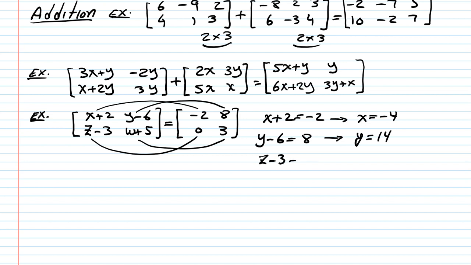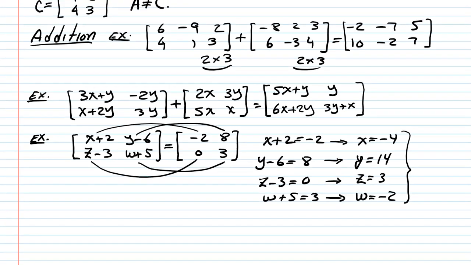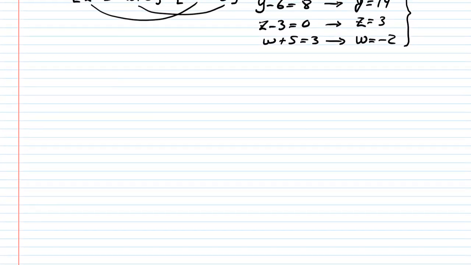Z minus 3 would equal 0, so that means z is 3, and finally w plus 5 is 3. So w must be, subtract 5, negative 2, and here we have the solution to the variables for this example. All right, again, pretty easy, straightforward, nothing drastic.